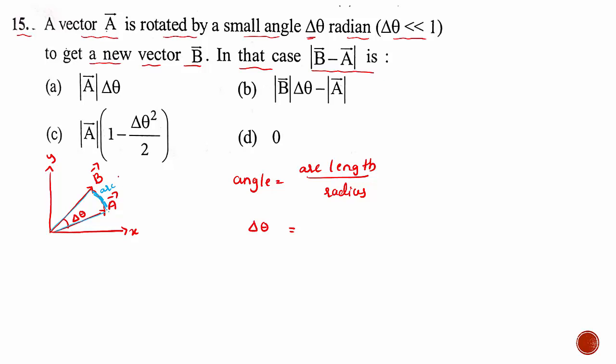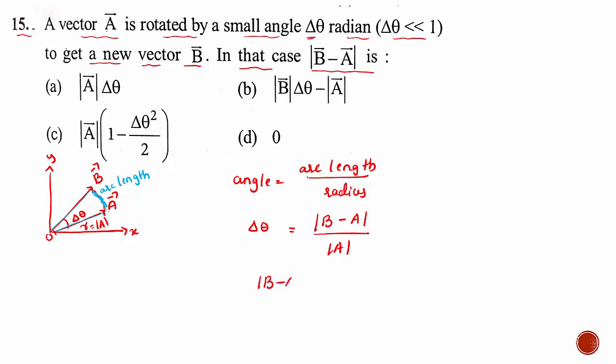This is the arc length. How do we write it in place of arc length? We can write B minus A, mod of B minus A, which gives the arc length, divided by the radius. What is the radius here? The magnitude from O to A or O to B. The radius here is equal to mod of A. So we can write mod A here.